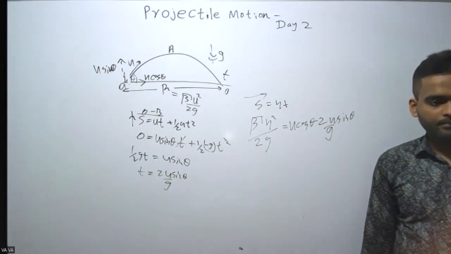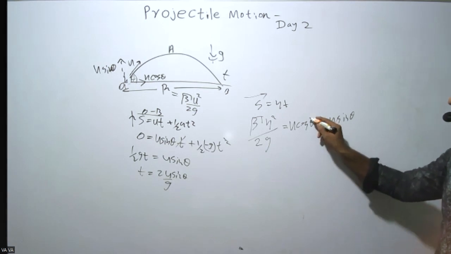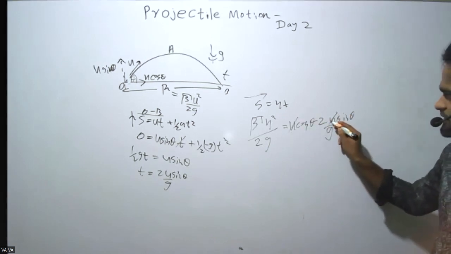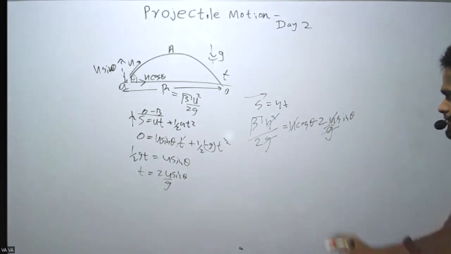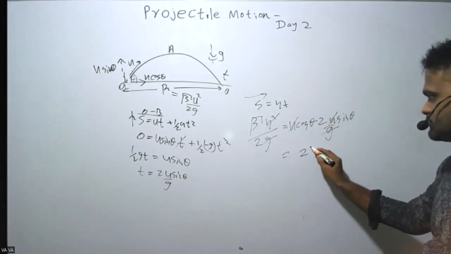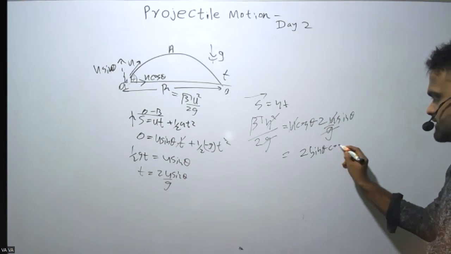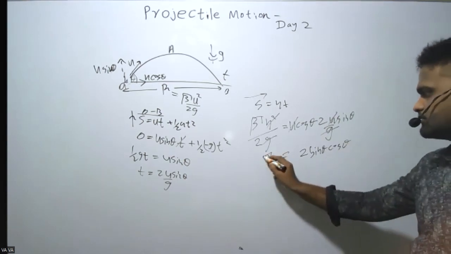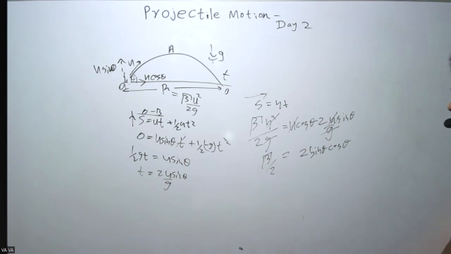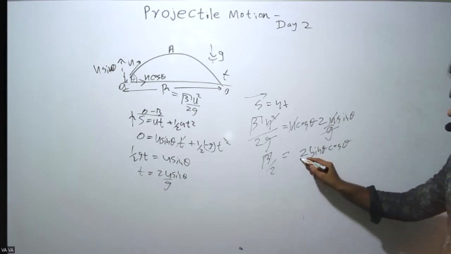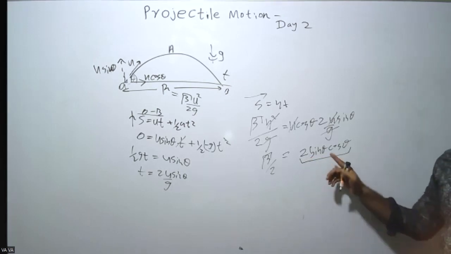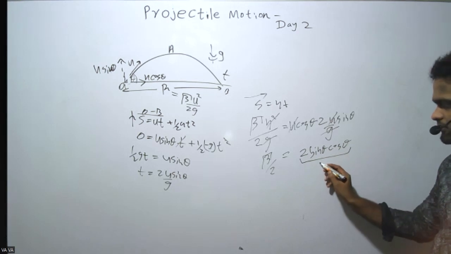Then the u squared cancels off from both sides, g cancels off. So what you get is 2 sine theta cos theta equals root 3 divided by 2. There's this equation: 2 sine theta cos theta is equal to sine 2 theta.